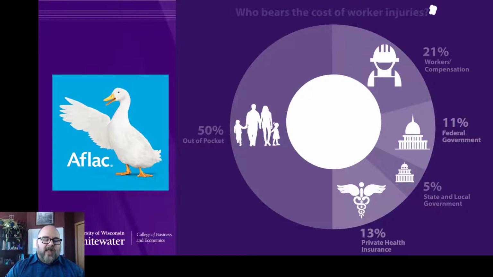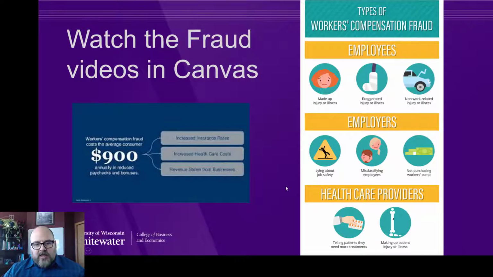Aflac is a product for the individual to purchase, which if they were to get hurt at work, you're still getting work comp from your employer, but now your personal insurance will provide you with money for whatever you're purchasing, mortgage, groceries, things like that. It's sort of an addition or a complement to work comp.